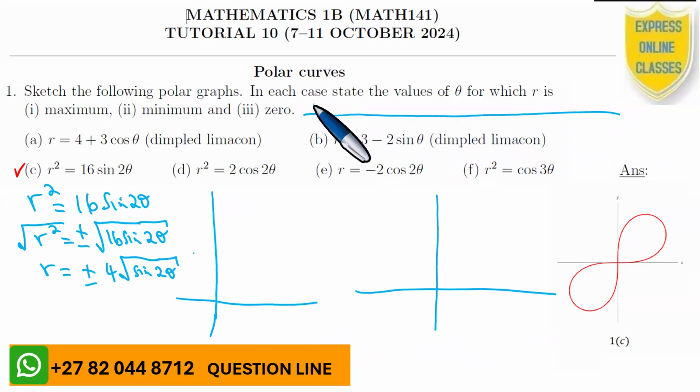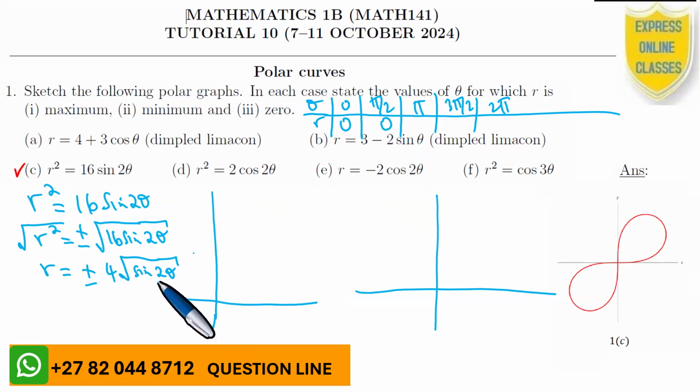Theta, r: 0, pi over 2, pi, 3 pi over 2, 2 pi. That's 0.